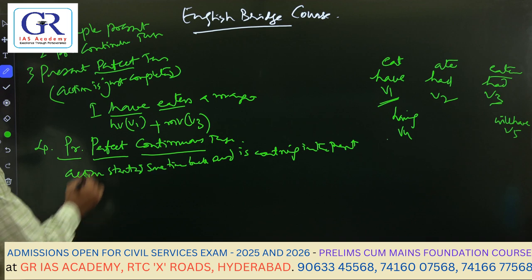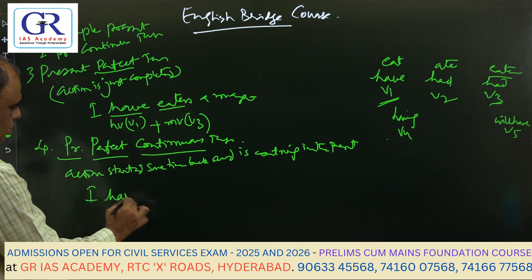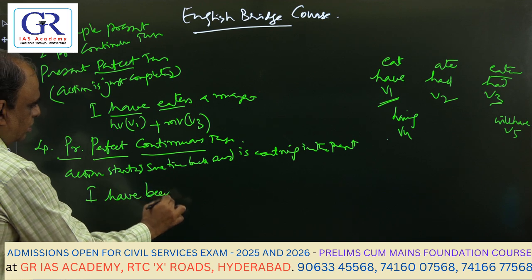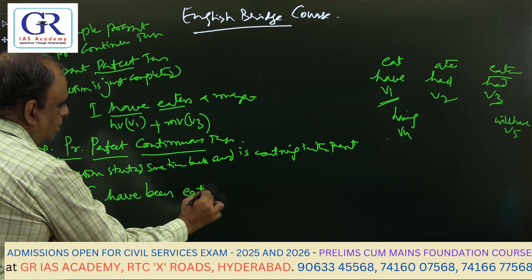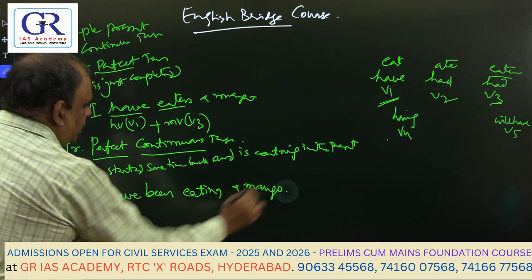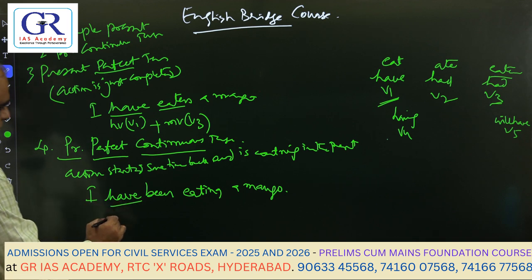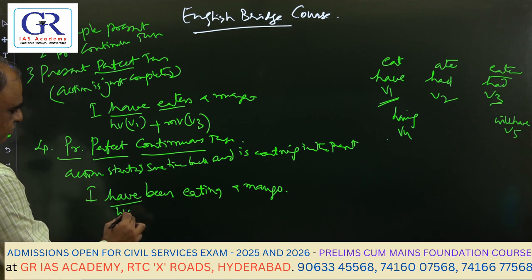So I have eaten a mango. I have been eating a mango. If you look at it, the helping verb 1 is in V1 form.